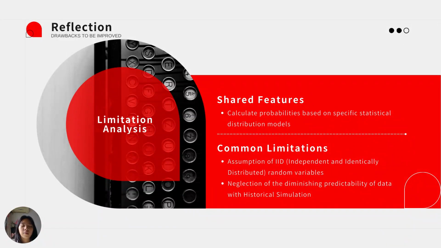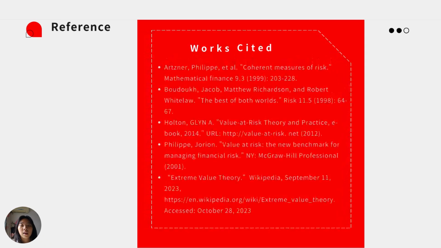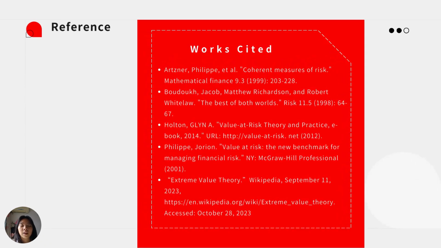And also for models like VAR that depend on historical simulations, they often neglect the diminishing predictability of data since time changes things. These problems are often faced by currently seen financial risk models, and I believe by solving these problems, we can get more precise estimations of the risks and further stabilize the economy.